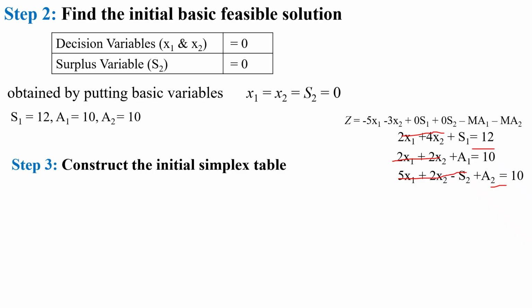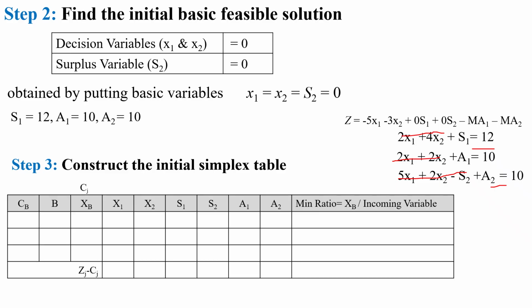Third step is to construct the initial simplex table. So this is the initial simplex table. Here B is the basis variables. Here the basis variables are S1, A1 and A2, so write down S1, A1, A2 in the B column. Next, CB represents the cost coefficients for the basis variables.